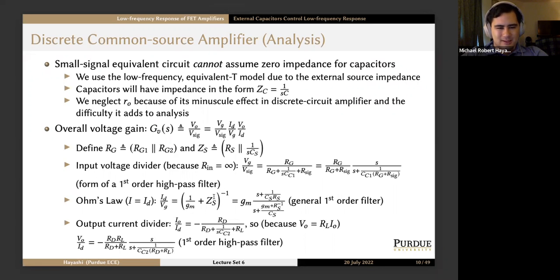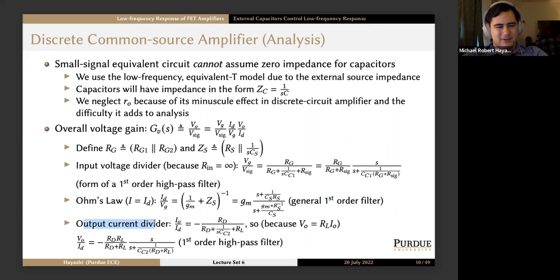So that is what we have here. So we'll get GM times quantity S plus 1 over CSRS over S plus GM plus RS to the -1, all that over CS. And I claim that this is a general first order filter.